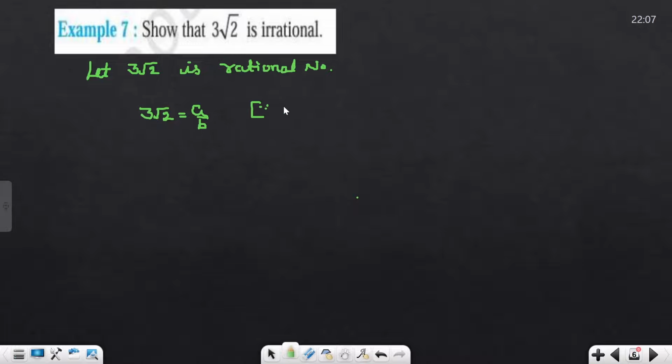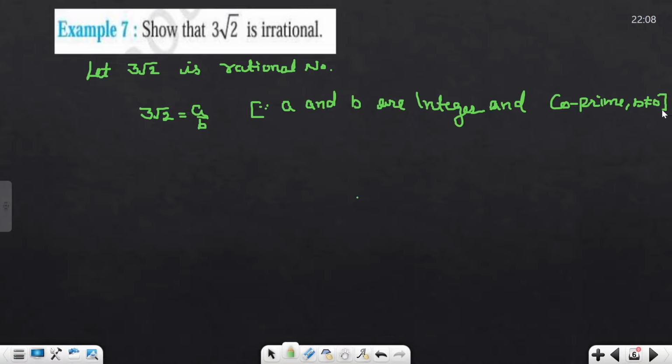A and b are what? A and b are integers and co-prime, b not equal to 0.